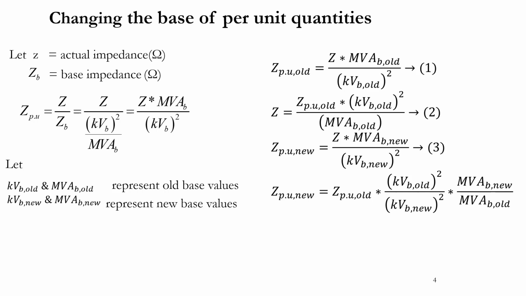From equation 2, I am just replacing this Z value here. So equation 3, once Z is represented by the old values, Z per unit new is given as Z per unit old into kVB old the whole square divided by kVB new the whole square, into MVAB new divided by MVAB old.